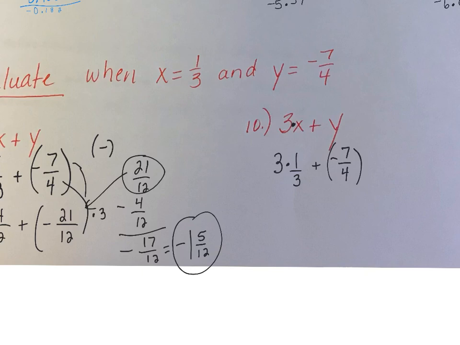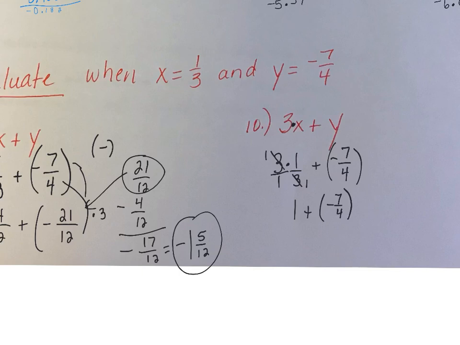According to the order of operations, do we multiply or add first? Multiply. Well, I'm going to do this first. So I'm going to put 3 over 1, since we know 3 is a rational number. Look at what happens to my 3's. They cancel, don't they? So 1 times 1 over 1 times 1 is just 1. Plus negative 7/4.